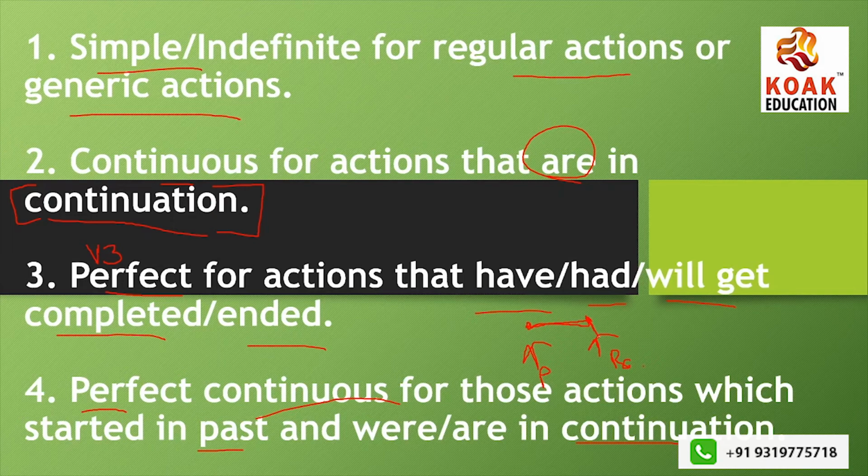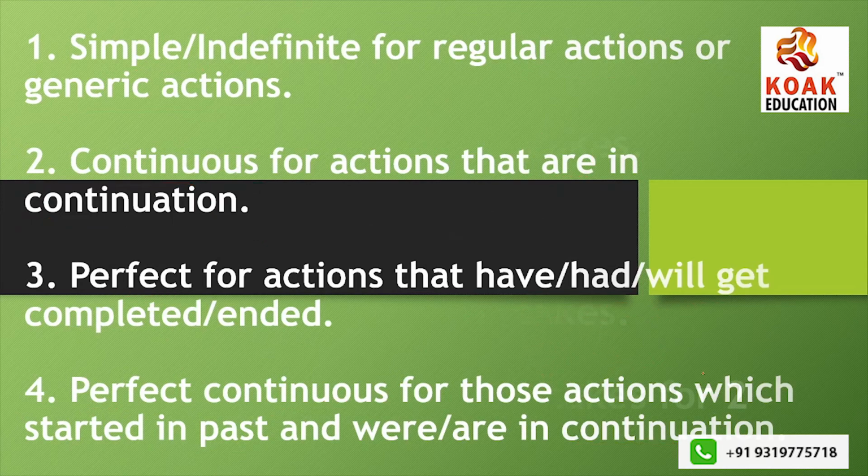It's no more in continuation now. Or an action that started here, went till here, and still is in continuation, and I don't know when it will end. So these 3 frames are present perfect continuous, past perfect continuous, and future perfect continuous. You can always define it on the timeline. When you define it on the timeline, you get to know.